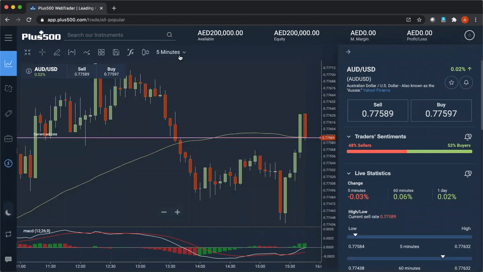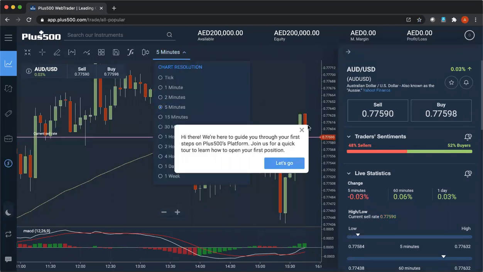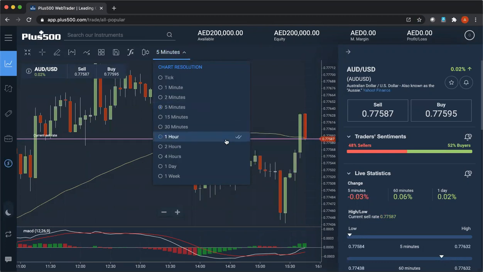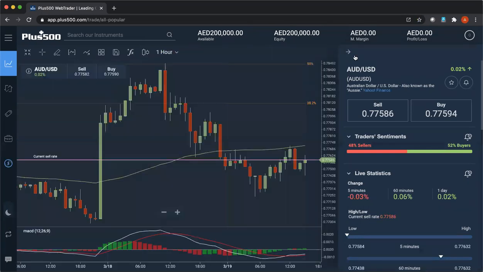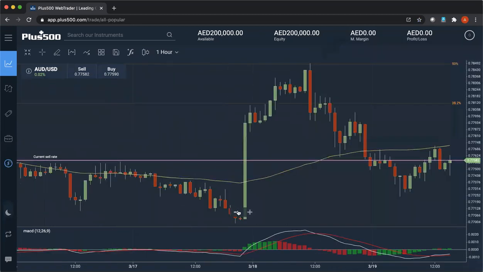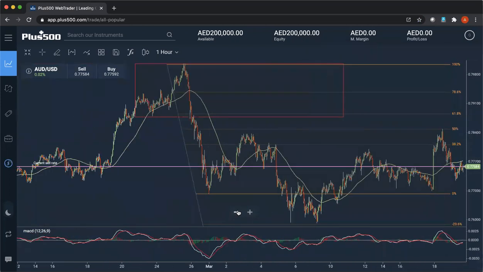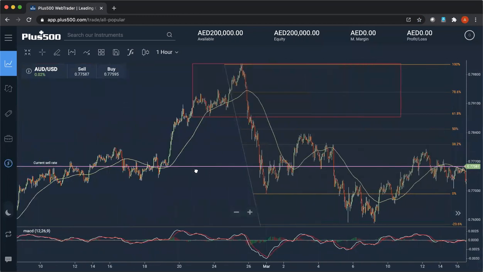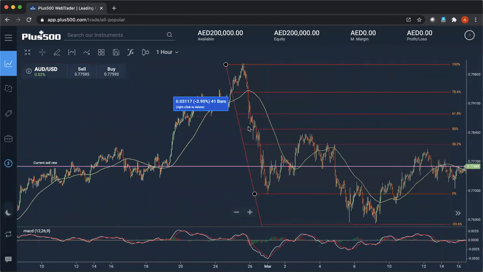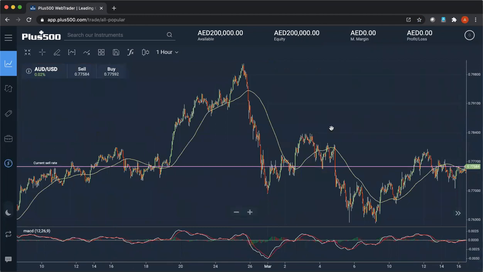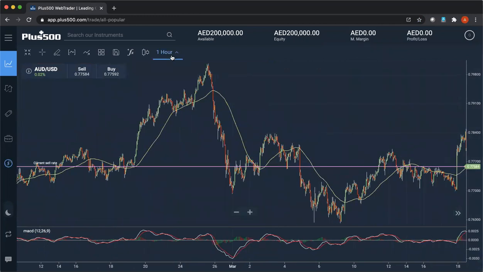Maybe I will go through 4 different pairs and 4 different time frames to see and to discuss the IPL and the application of the IPL in trading.